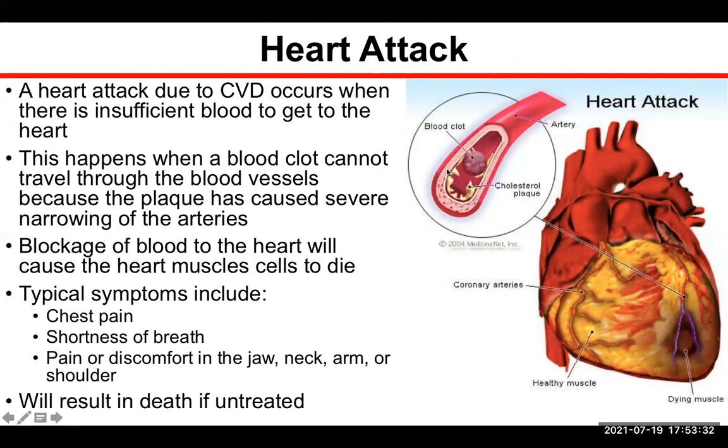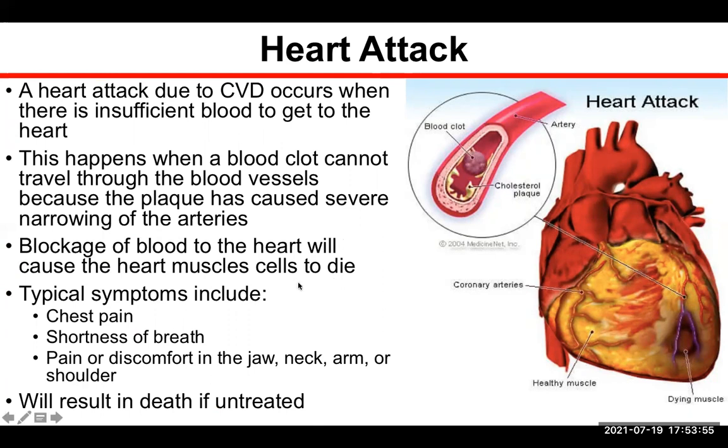When you have these plaques that become so thick and then you have a blood clot that flows through, it blocks that blood from going through. Well, if your cells aren't getting the blood that they need, which has all the nutrients and oxygen, they're going to start to die. And once that tissue starts to die, it's not going to come back. It's going to end up leading to a heart attack.